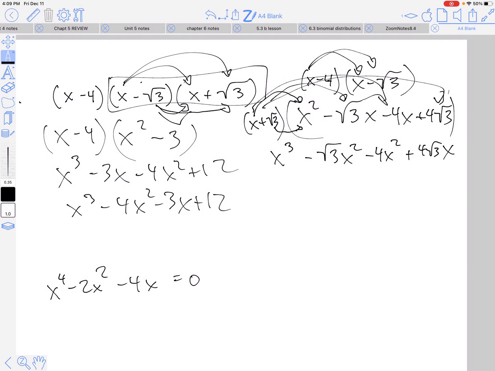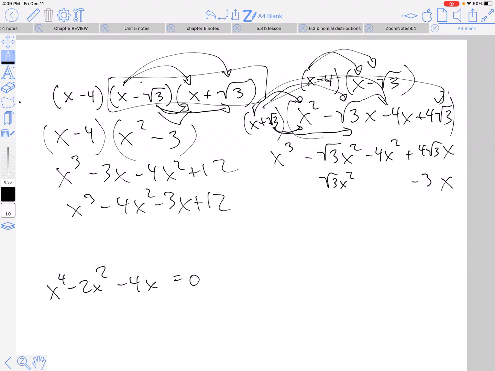All right, and now I'm going to do the root 3. So I'm going to have root 3x squared, and I'm going to write it underneath the x squared just to help me keep track of it a little bit better. And then I'm going to have negative, and this is an x, so I'm going to write it over here. I have root 3 times root 3. Oh, it's negative. We just said that. So negative, I'm doing root 3, so I have negative square root of 9, which is negative 3.